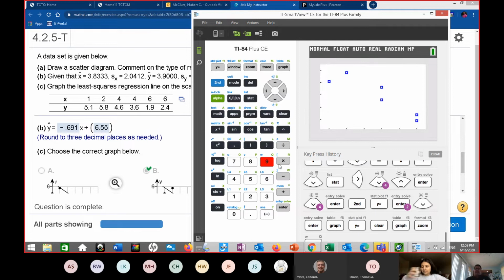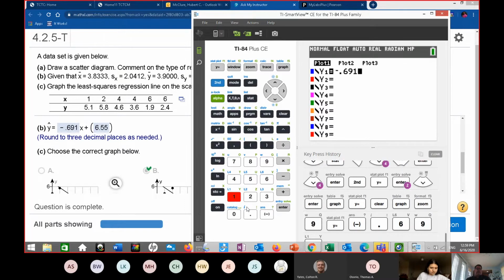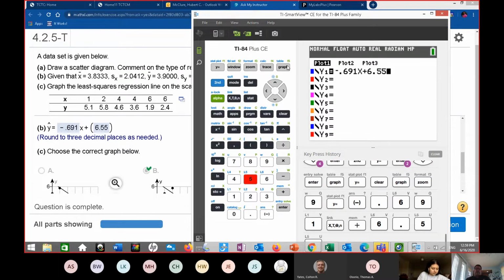Isn't that amazing? Now let's put in our formula. Y equals negative 0.691X plus 6.55 and graph.